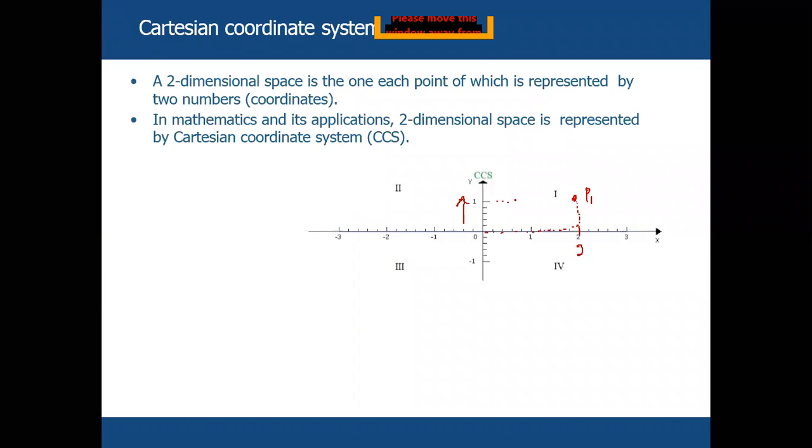Let's suppose it is 1 unit. So we can write the coordinates for this point as 2 and 1.